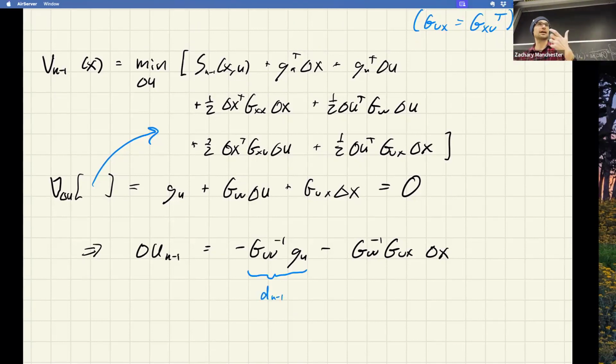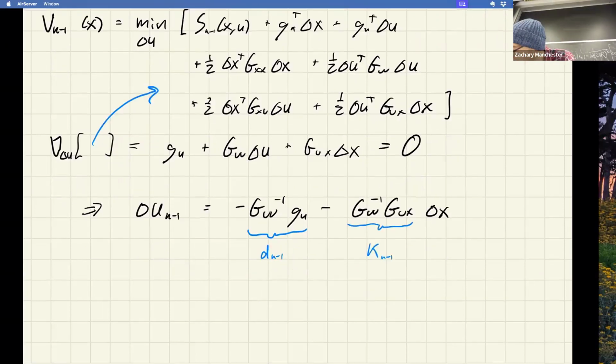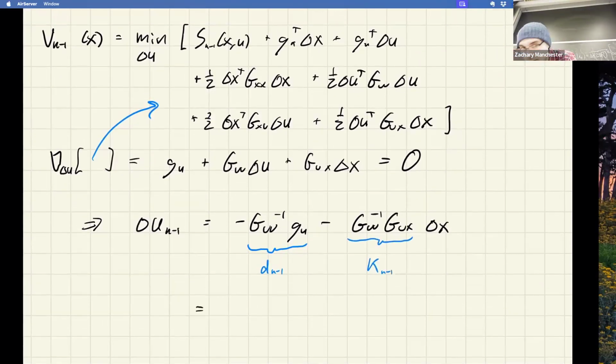It's some matrix times delta x. So we're going to call this guy K, just like we had before. So this is K at k minus 1. So now this whole thing is minus d at k minus 1 minus big K times delta x. And we're going to think about this as a feed forward term or a feed forward correction.